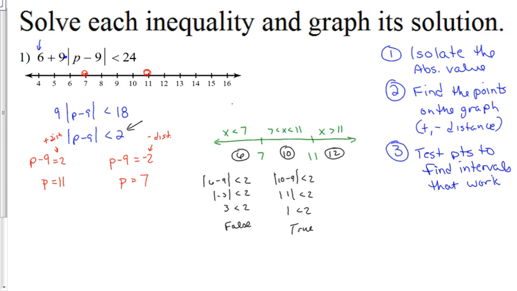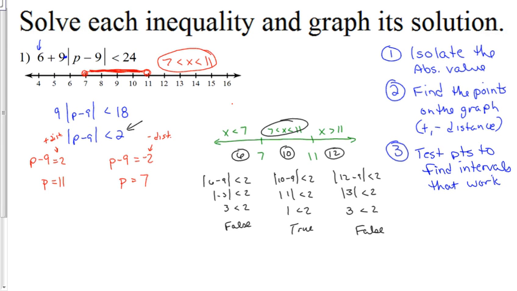If I plug 12 in, 12 minus 9 is 3. The absolute value of 3 is 3, and that's supposed to be less than 2. That's false. So the part that works is this part right here, which is in between. That's the graph that we do. And the inequality that works, 7 less than x less than 11 for our answer.